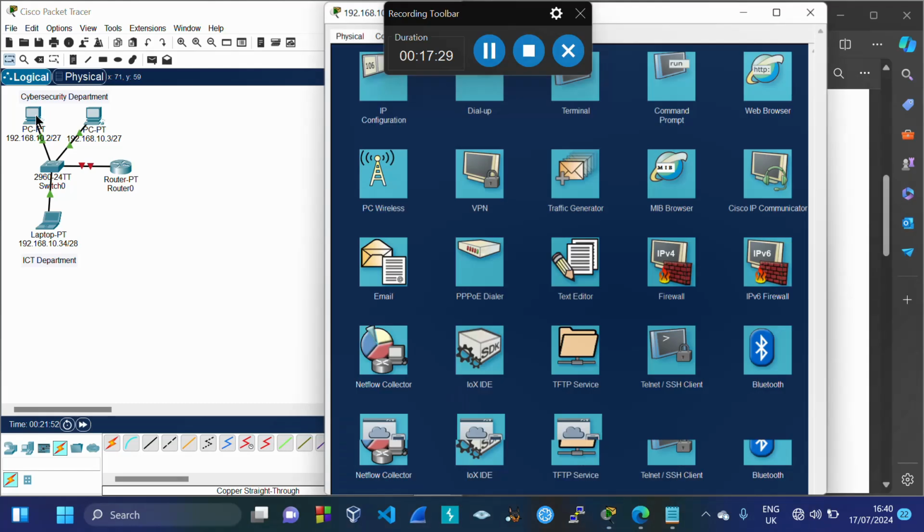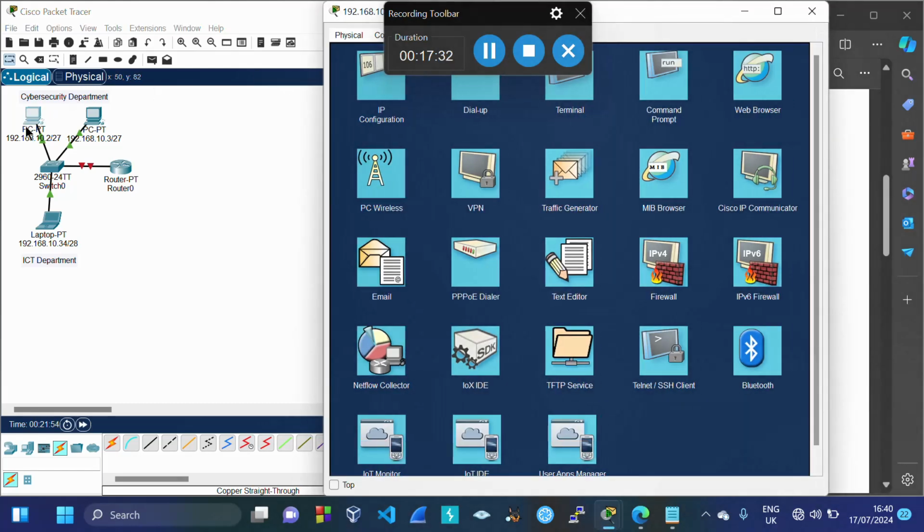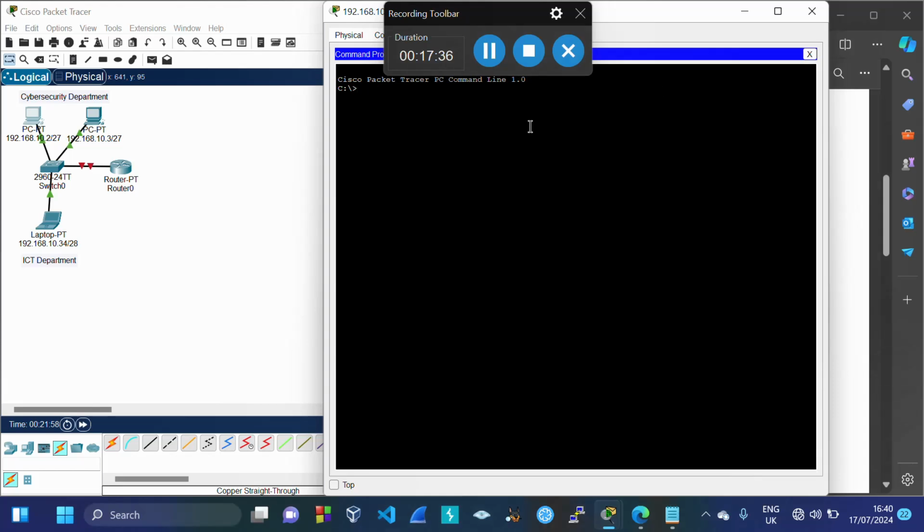So I'll give an example. I'll go to this PC which has .2, then under command prompt, I'll write this command, which is ping, which is used to see if I can communicate with another host, such as this one. So I'll write 192.168.10.3, because that's the IP address for this PC, which I want to check if I can communicate with.